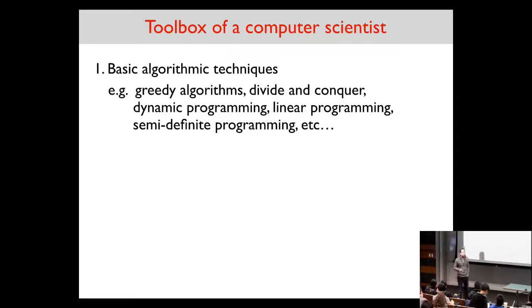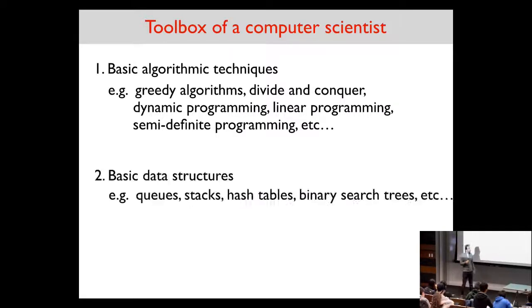We've seen some already in this course, but basic algorithmic techniques include things like greedy algorithms, divide and conquer. So for example, merge sort is divide and conquer, or the Karatsuba multiplication algorithm is divide and conquer. There's dynamic programming, there's linear programming, there's semi-definite programming, and so on. So these are general purpose algorithms that allow you to solve a wide range of computational problems. Okay, and very useful techniques.